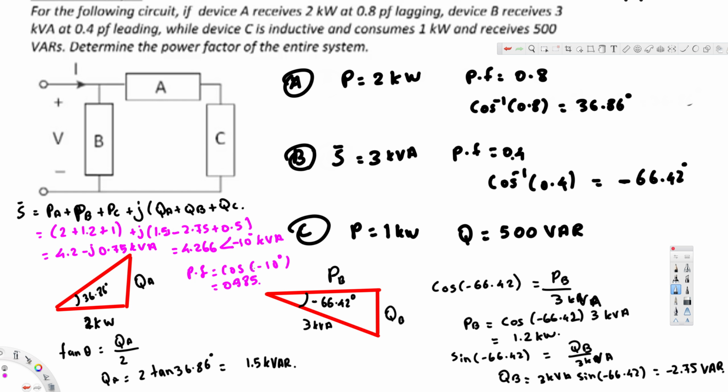This one is negative, cos negative 10. Let me double check this one. Okay, we are getting 0.985, but the angle is negative, right? If the angle is negative, it's leading. If the angle is positive, it's lagging. Okay, so that's our final answer.